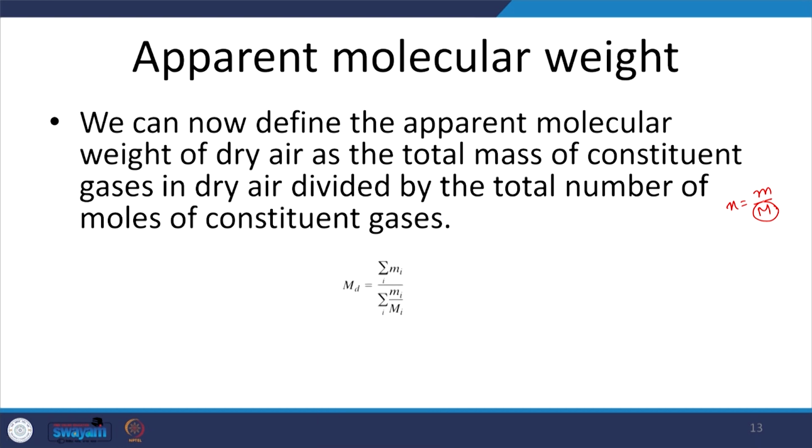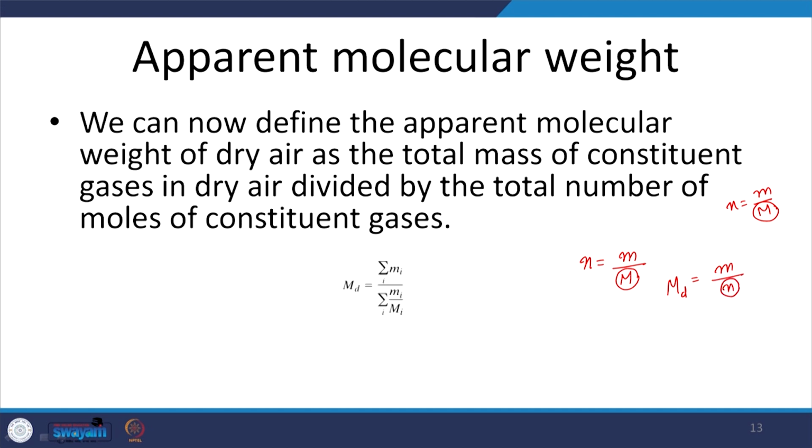So, here n is m by capital M. Capital M is the molecular weight. If it is a single species gas, you will simply write capital M. If it is a mixture of gases, the apparent molecular weight, let us call it Md, is nothing but m by n.